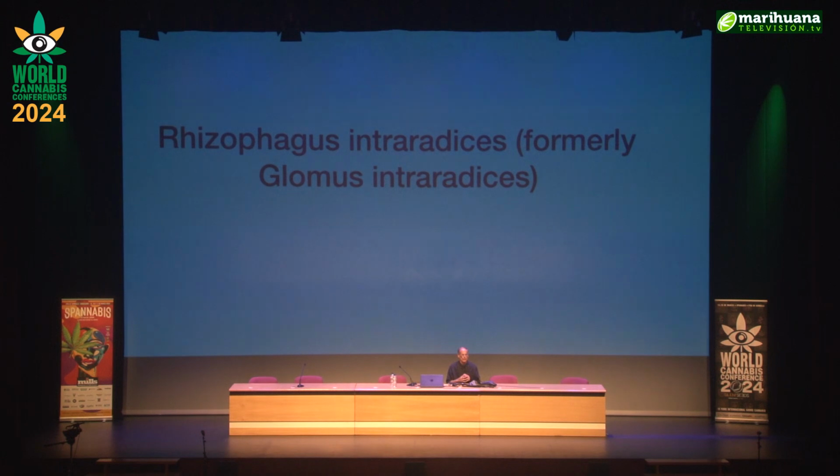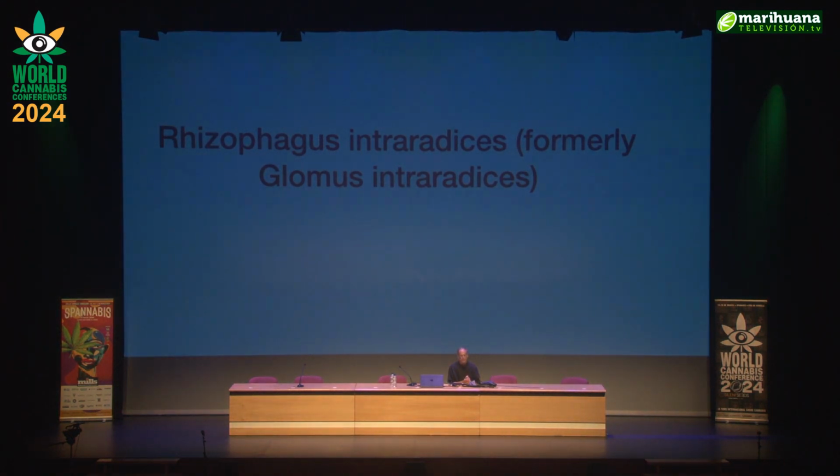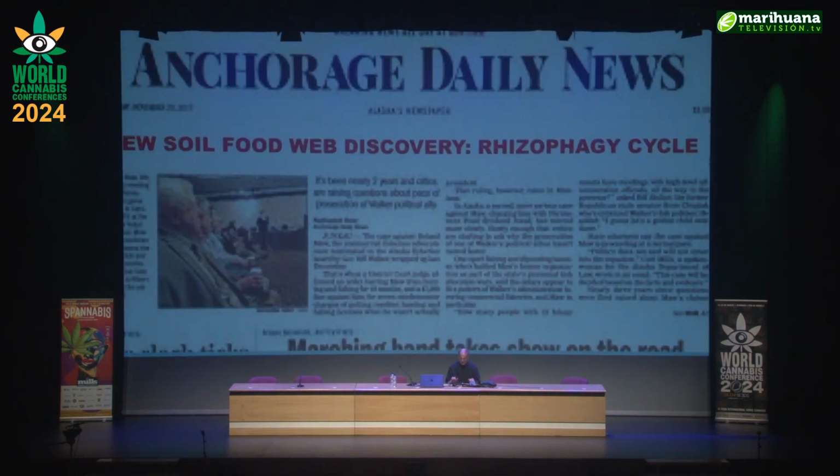And of course, if you're growing cannabis, you want to use the right fungus to form that partnership, and this is what it is. They keep changing the name, but if you look for this particular name, you'll find the latest, and it is definitely worth putting on your seeds when you start your plants.